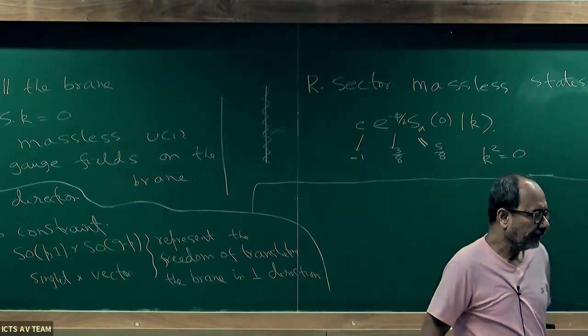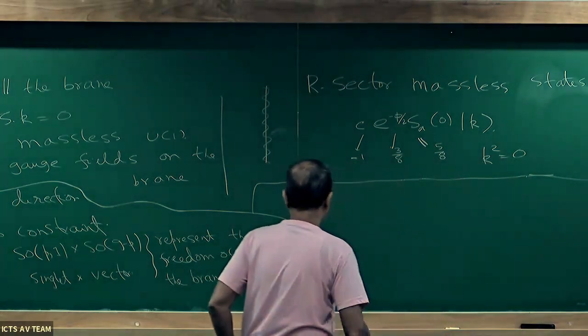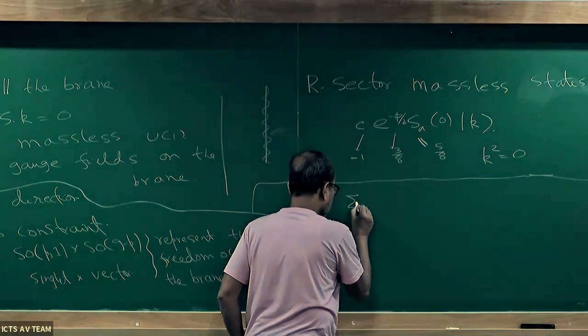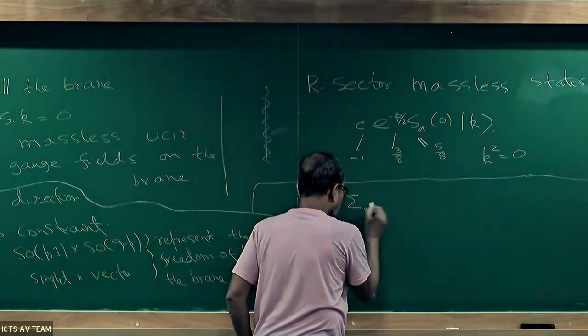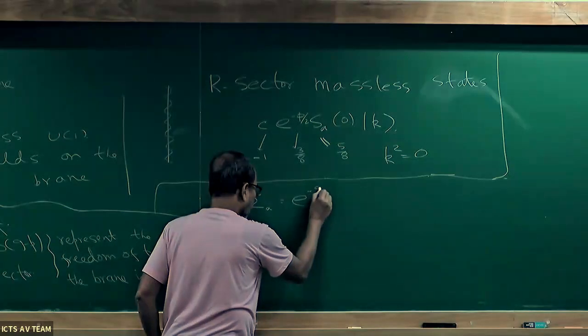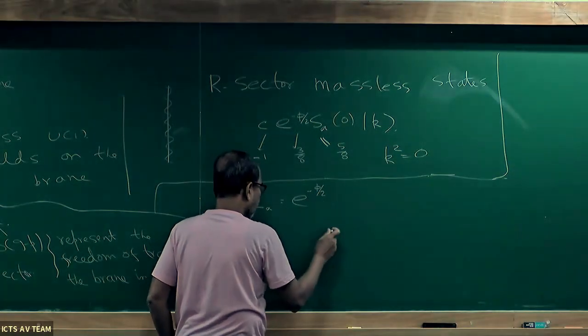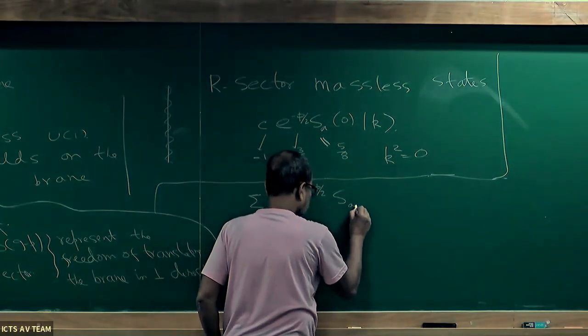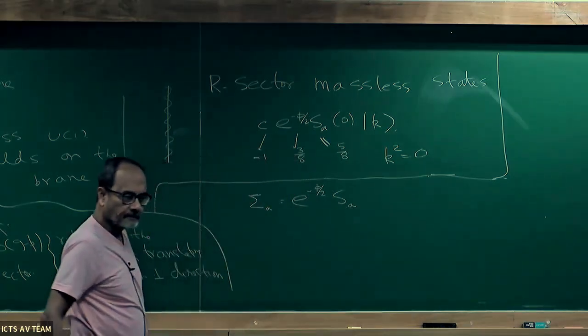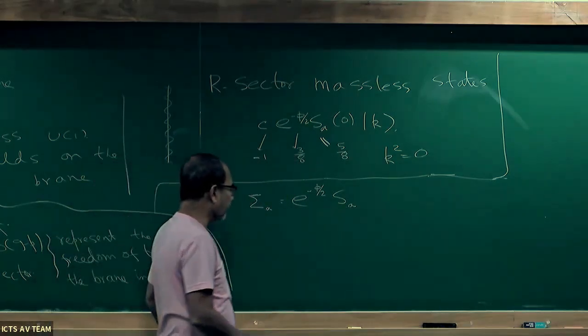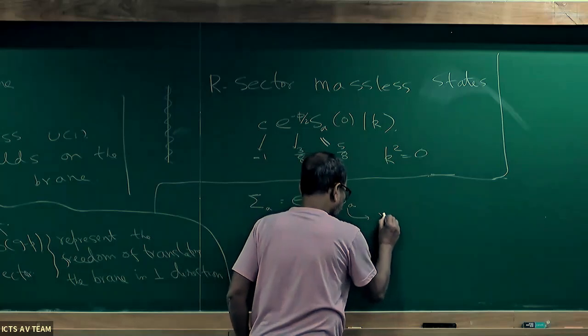Now let's look at the supersymmetry generator. If you remember, sigma A we defined as e to the minus phi by 2 times S_A. So S_A is the matter spin field.